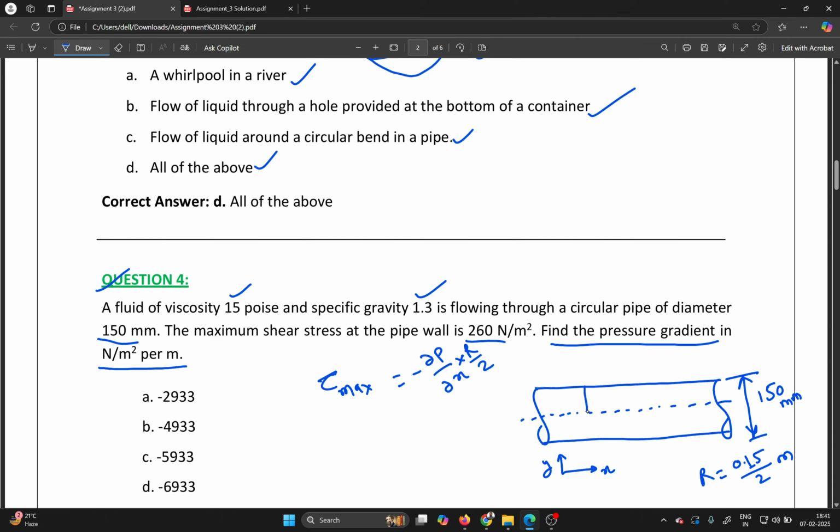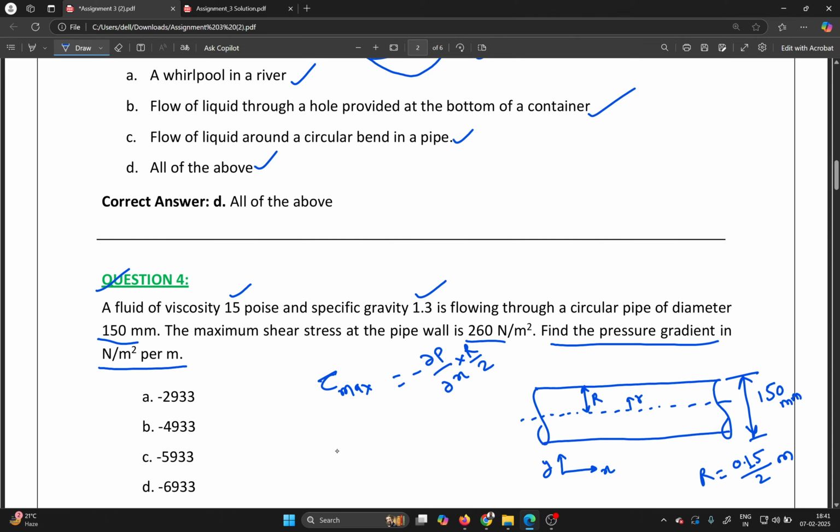This is the complete r, and let us suppose the varying one is small r. So this is your pressure gradient, and you need to calculate it. Here you do not need the poise and the specific gravity, that is, the viscosity and specific gravity are not required.